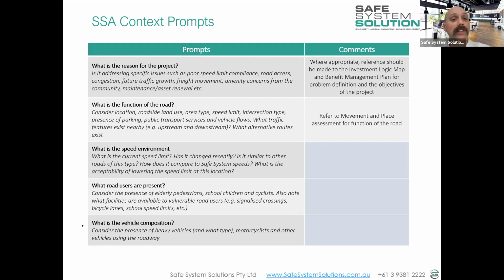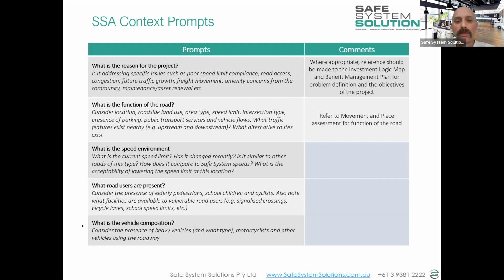What I will tend to do is either have a little workshop meeting with the project team and run through each of these and get them to explain the background and why things are happening, what the land use of the area is, what the current and proposed speed limits are, what the intersection types are, where the public transport is, where the desire lines for pedestrians are, all of this sort of stuff.